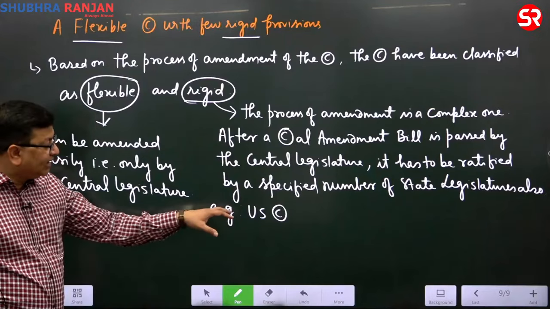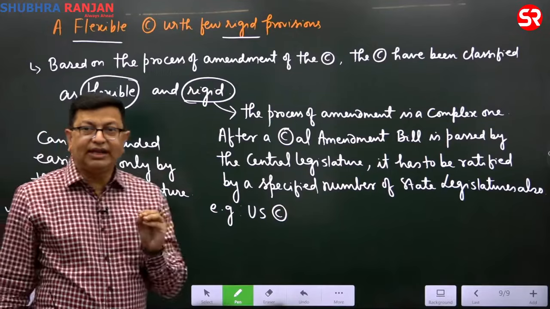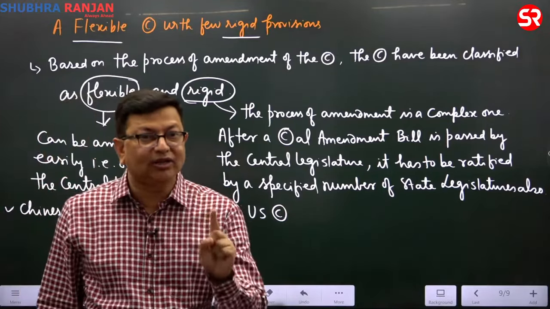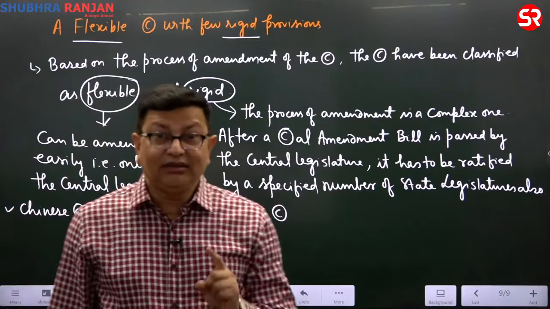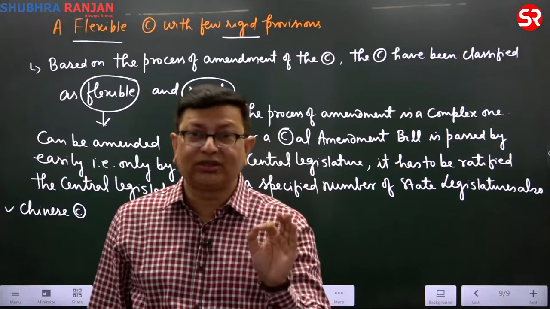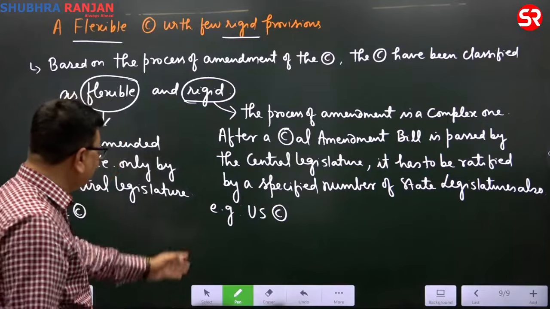So what is rigid about the US constitution is that after a constitutional amendment bill is passed by both the houses of the US Congress, then it has to be ratified by 3/4 of the state legislatures. Okay, you can write it here.